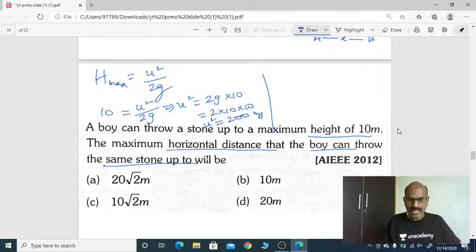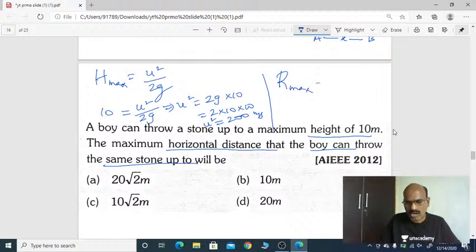A boy can throw the stone up to a maximum height of 10 meter. H maximum we got it. What we need to find is the horizontal distance, the range.